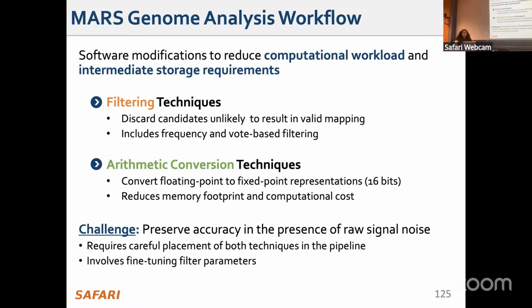But the challenge, of course, has been to preserve accuracy in the presence of this raw signal, which is already noisy. It requires careful placement of both of these techniques in the pipeline and fine tuning of these parameters so that we don't actually lose accuracy, because as you know, accuracy is an important thing in this domain.